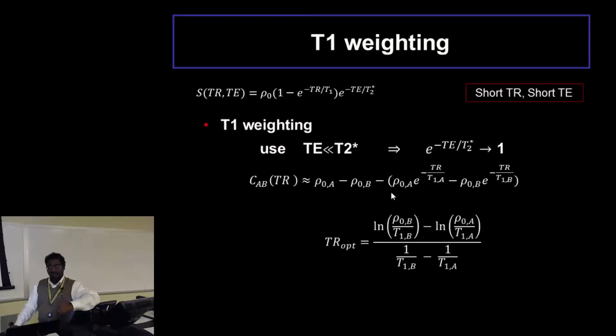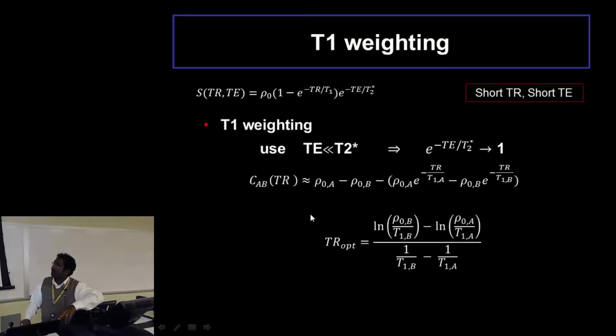Okay, so now you can actually optimize for a given set of tissues. In this case, we're doing it for two tissues. If you want to optimize the contrast between the two, then you can write down the expression and apply the limit that, okay, let's say you're using very short TE.